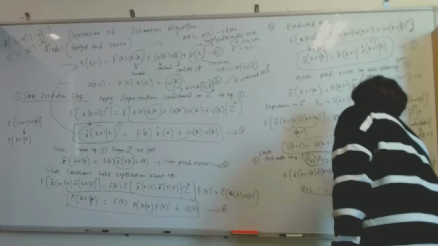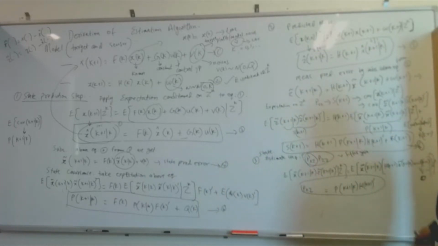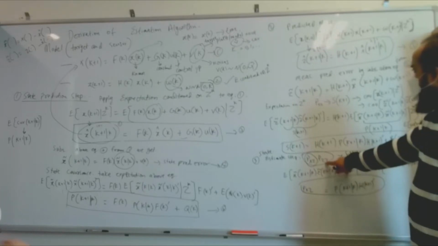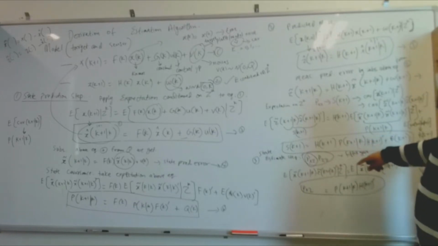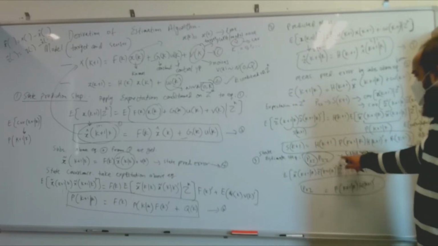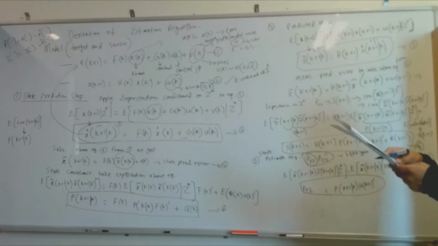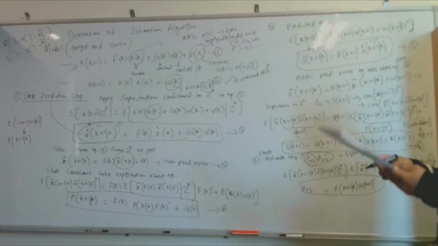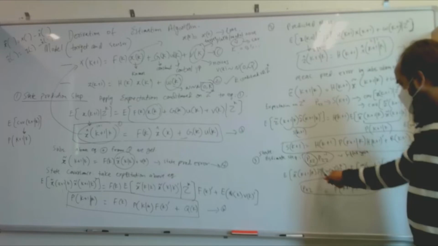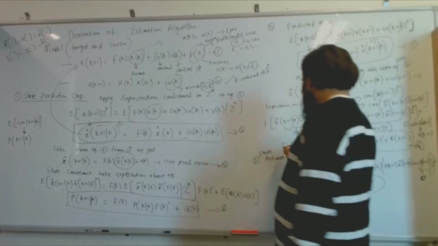So now your PXZ goes in this equation. This is multiplied with PZZ inverse. This thing is multiplied by the PZZ, and your PZZ is this one.